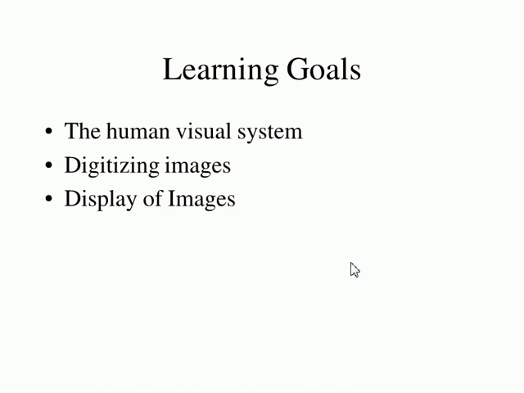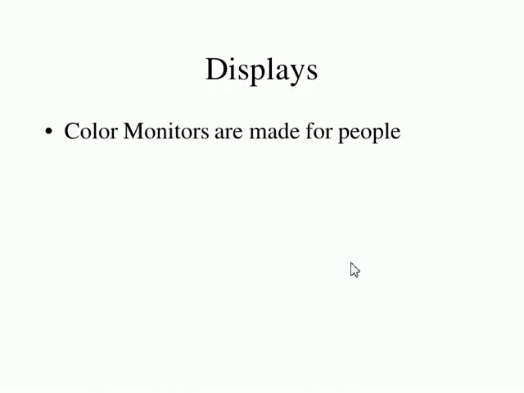So it is the case that we've got a very finite range. Now snakes could probably see it, because snakes can see into the infrared. It's part of how they hunt. But we don't design our computer displays for snakes. So color monitors are made for people.